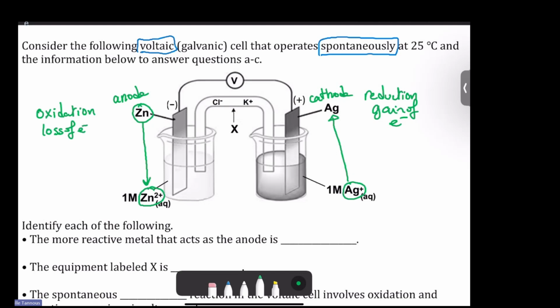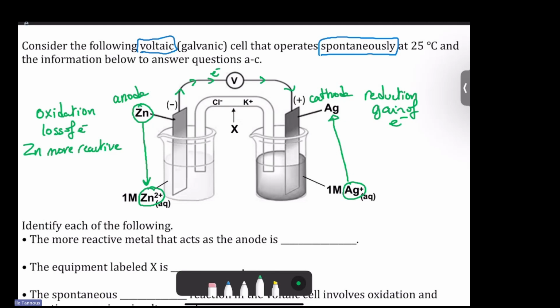Think about it this way: it's the more reactive metal that starts. Zn will be more reactive compared to silver metal, so it's the one that's going to lose electrons. Therefore, the electrons will start flowing from anode to cathode.